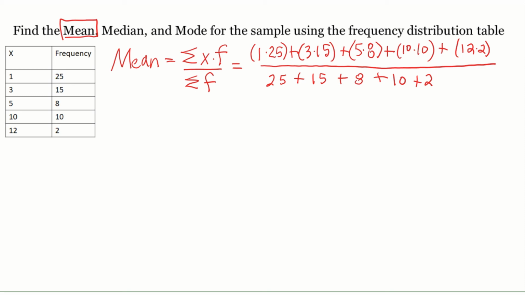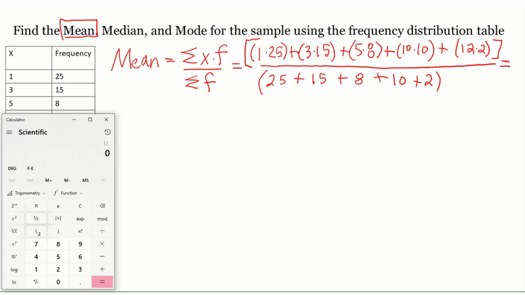When I sum all the frequencies, that's going to give me the total number of data in my sample size. So let's go ahead and plug this into our scientific calculator. Once again, we want to bracket the numerator and bracket the denominator, so all those functions are included when I plug them into my calculator.